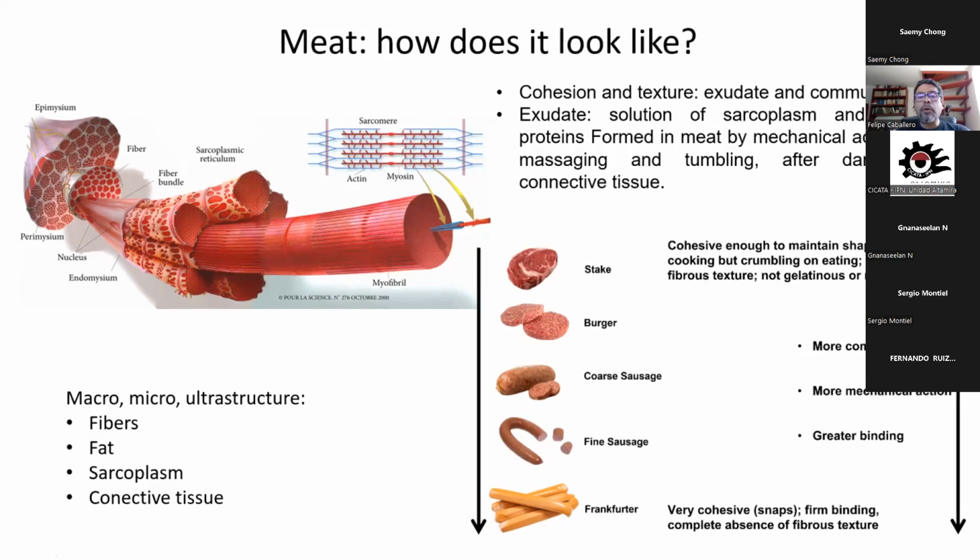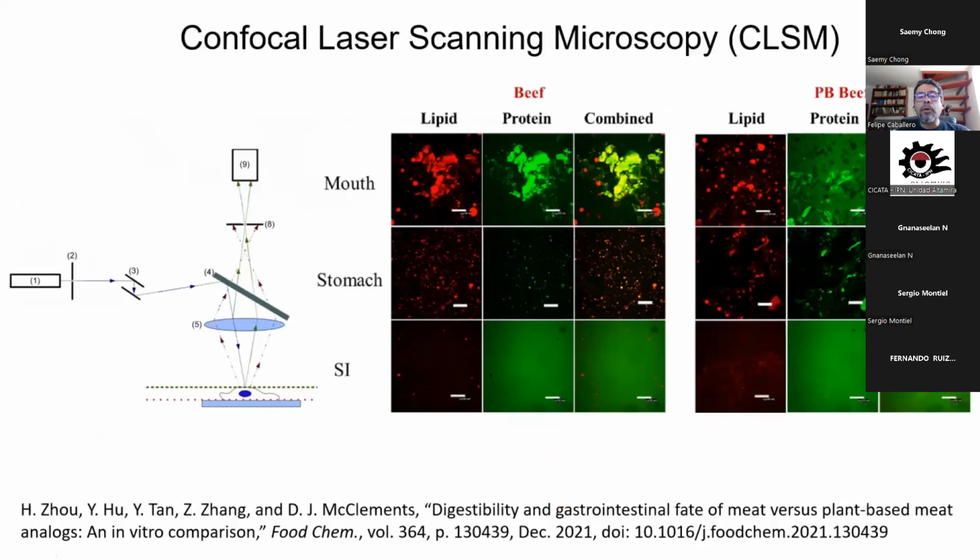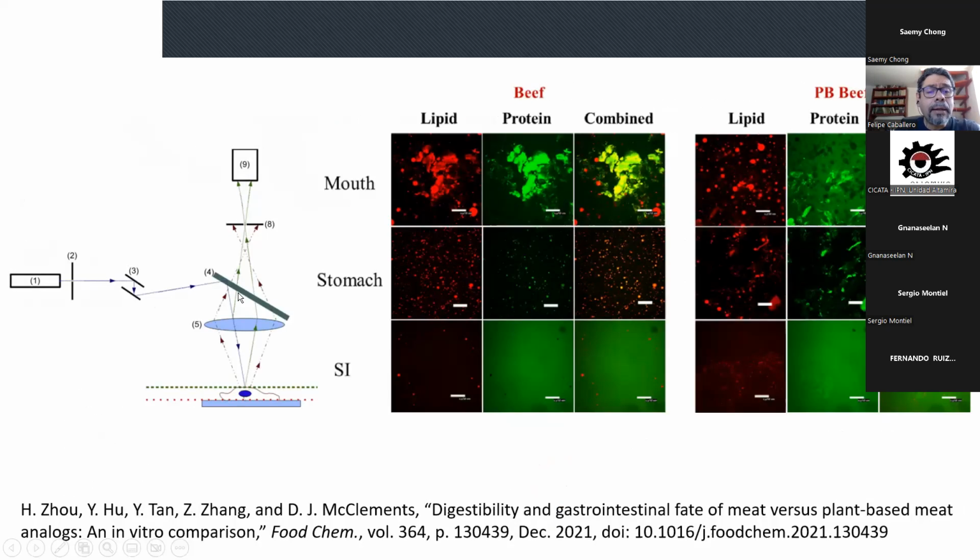For example, there is a technique called laser scanning microscope. This is the principle of operation. You have a laser here that is reflected onto a mirror, and it comes onto the detector.